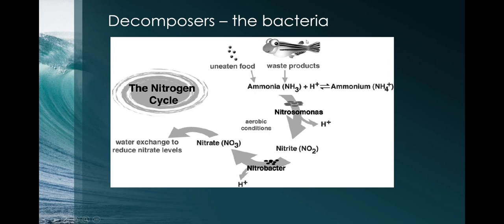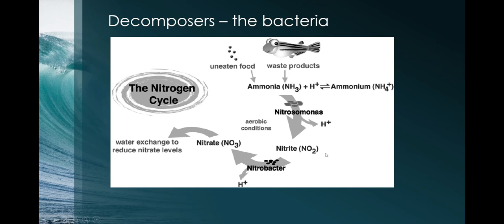Especially when he pees, he puts ammonia into the water, and ammonia is not a nice thing for other organisms. So the great thing is that bacteria can change ammonia. This type of bacteria, Nitrosomonas, can change ammonia into something called nitrite, which is also not good for most living organisms.